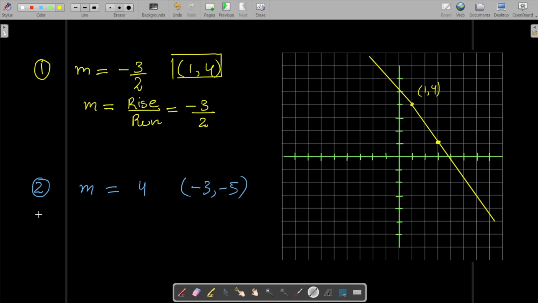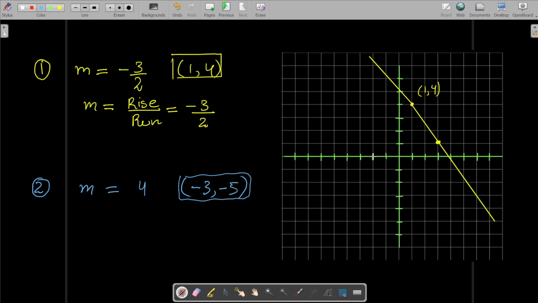So we will consider one more example from here. So we have m equal to 4 and we have a certain point which is -3 comma -5. So let's first mark this point on the xy plane. So -3 comma -5 will be -1, -2, -3. It's -3 on the x-axis and -5 on the y-axis.